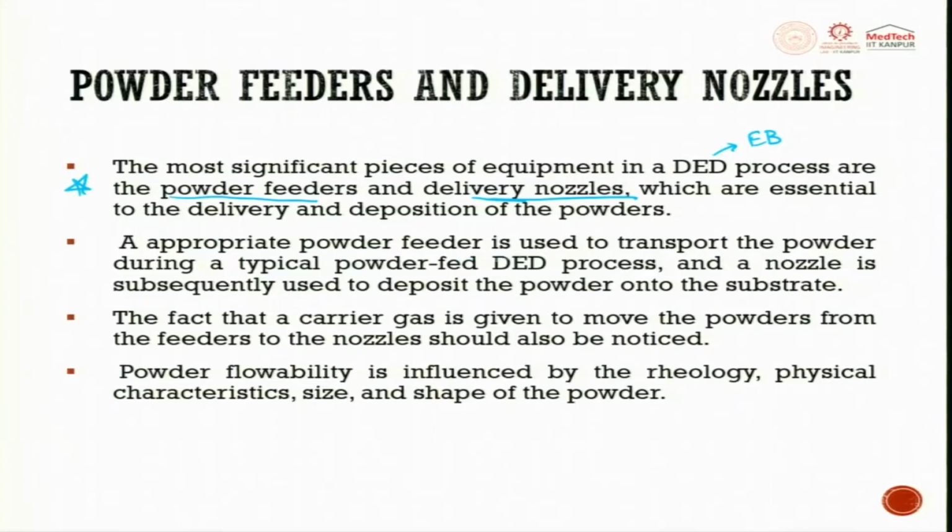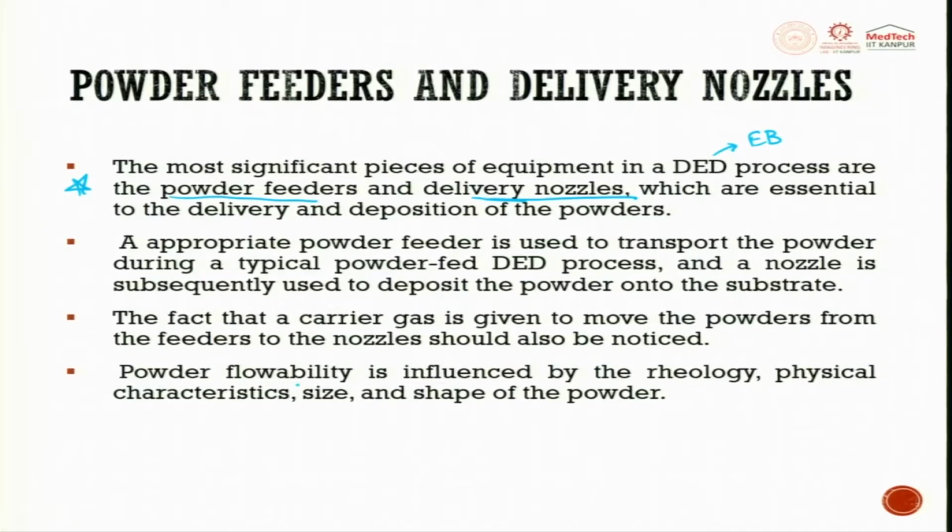An appropriate powder feeder is used to transport the powder during a typical powder fed directed energy deposition process, and a nozzle is subsequently used to deposit the powder onto the substrate. Whatever is dealt here may be up or down, with some modifications we use it for electron beam. The fact that a carrier gas is given to move the powders from the feeder to the nozzle should also be noticed.